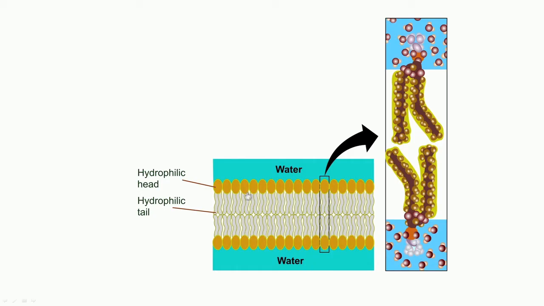If you look at the orientation of the lipids here, the hydrophilic heads are oriented towards water naturally, because hydrophilic means water loving and they would like to be oriented towards water, and hydrophobic likes like, therefore, they orient towards each other. By their very nature there is a hydrophilic layer here, there is a hydrophobic core here and a hydrophilic layer here separating the intracellular from the extracellular parts.